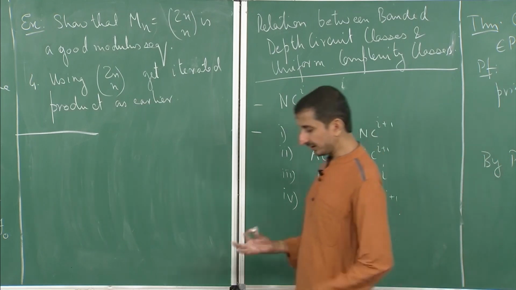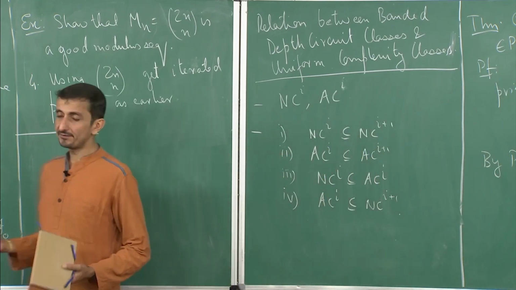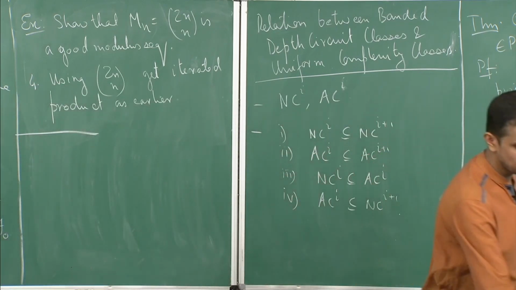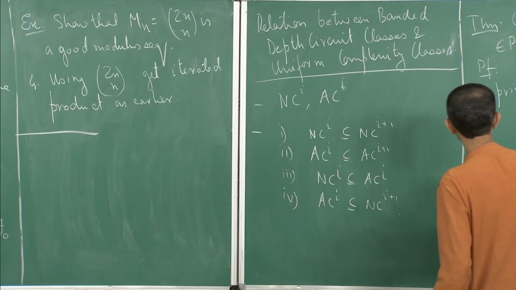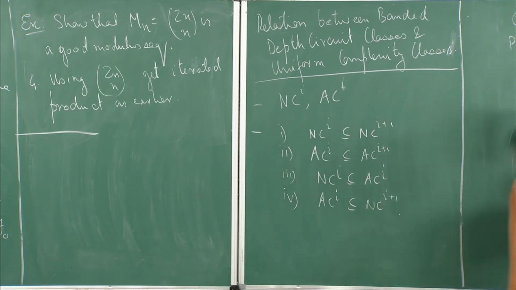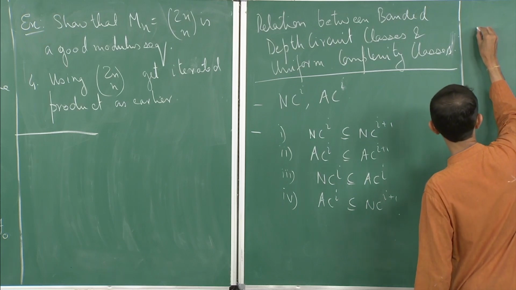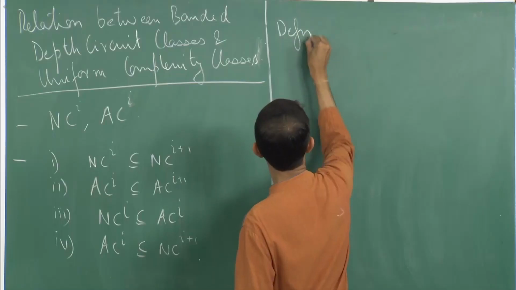Now what are the relationships, what relation do we know between these classes and other uniform classes? By uniform classes I mean classes such as P, maybe NP, or maybe some smaller classes. Okay. So let me define these space bounded classes. So again, if you have had some exposure to complexity, you would know these classes, but for the sake of completeness I will just define them.